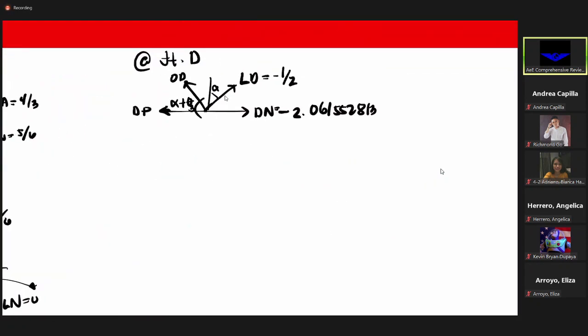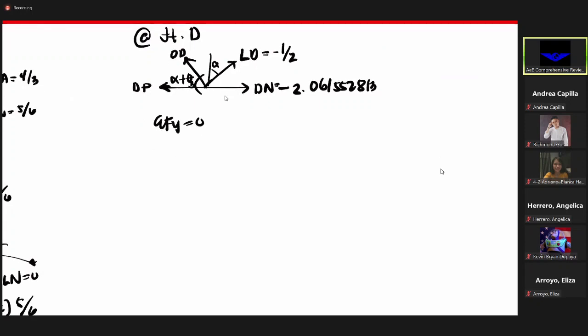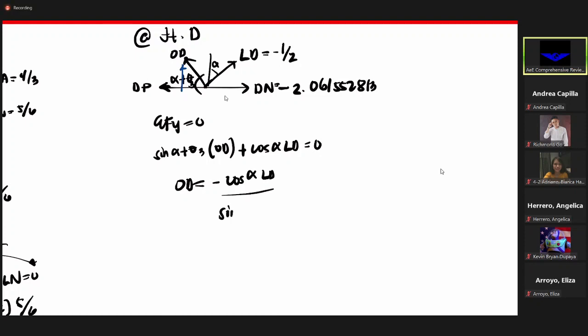So summation forces Y is equal to 0. No, that is the Y component ng OD. That is positive sine alpha plus theta sub 3 OD plus cosine alpha LD is equal to 0. OD is equal to negative cosine alpha LD over sine alpha plus theta sub 3.